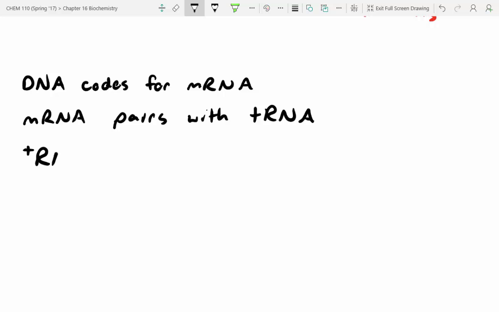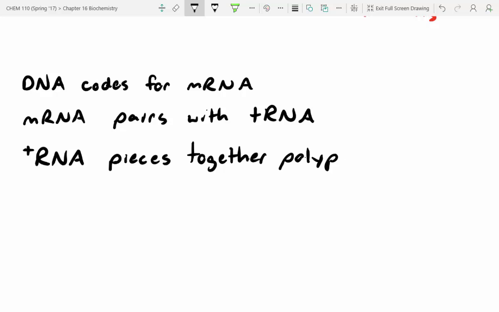And then tRNA pieces together polypeptides.